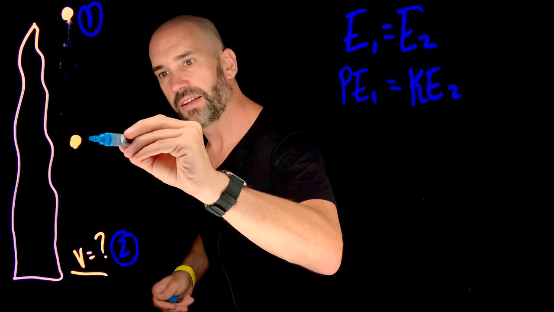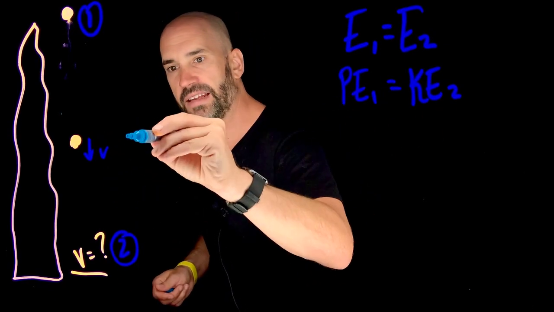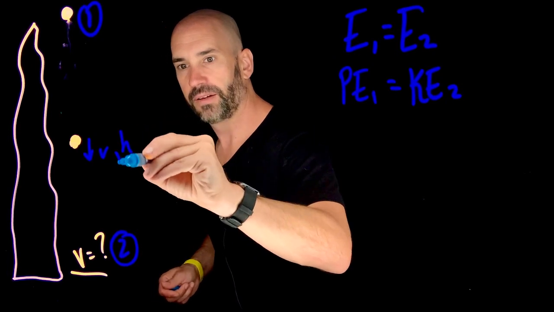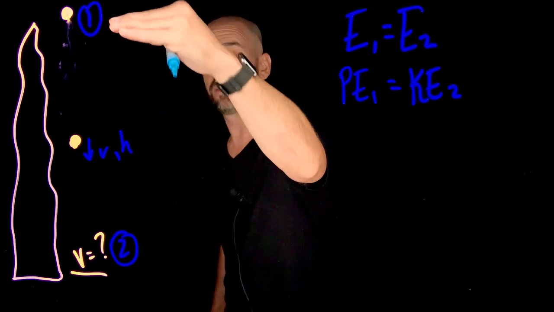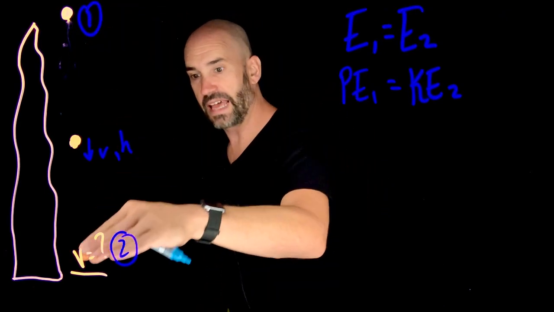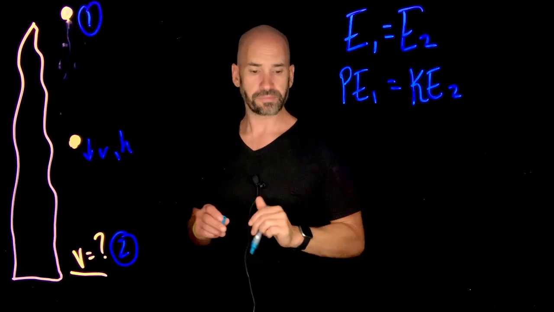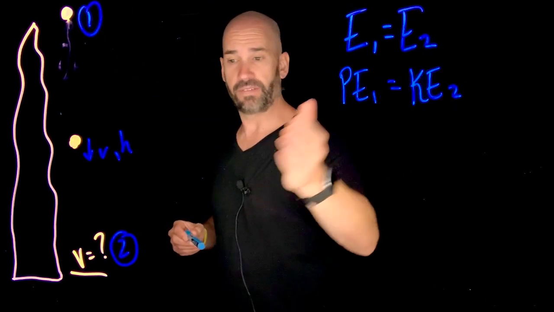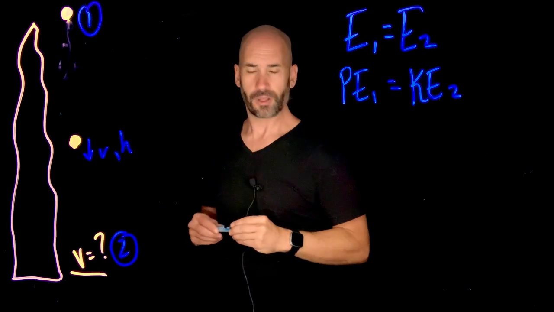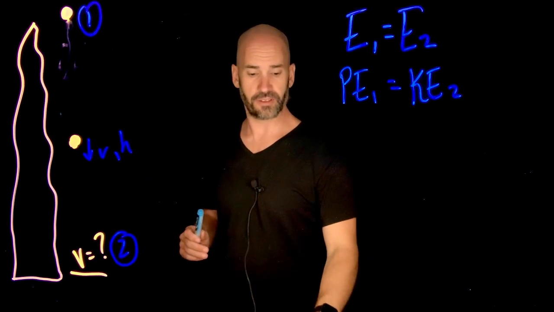This guy's dropping at some velocity and he has some height, right? He's got both of those, so there must be some potential and some kinetic energy. But at the beginning, it's only potential, and at the end, it's only kinetic. Okay? That's step 2. We just decide what kind of energies we have here and what kind of energies we have here. Okay? Hopefully that's super, super basic so far.